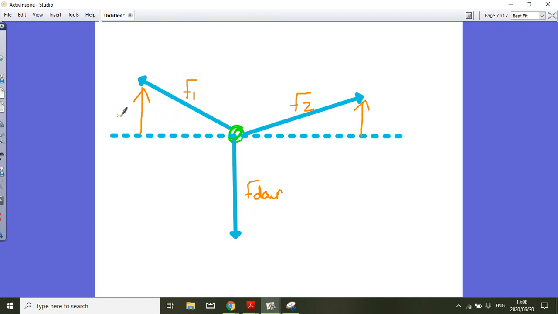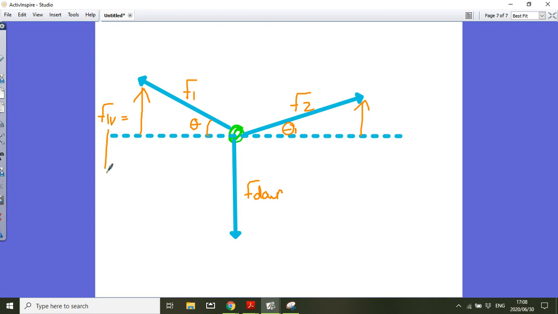So this will be the vertical component of F1, and we normally give you an angle. They could have given you the angle here with the horizontal. Just make sure you do your trig correctly. If I have my theta here, I can see that F vertical of force 1 is going to be opposite over F1.